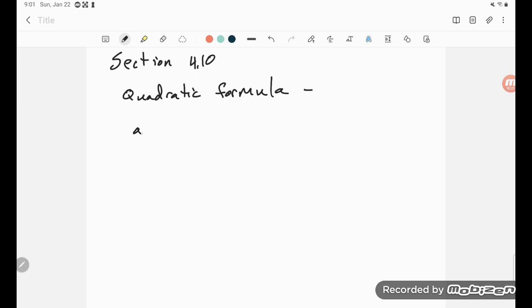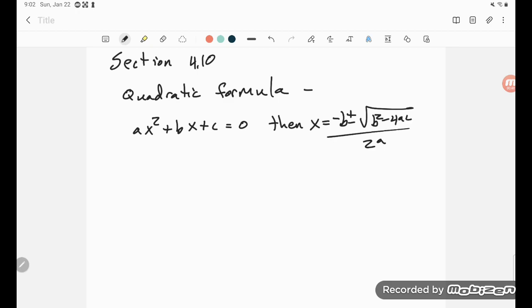But if we have an equation of the form ax squared plus bx plus c equals 0, then x is equal to minus b plus or minus the square root of b squared minus 4ac all over 2a.